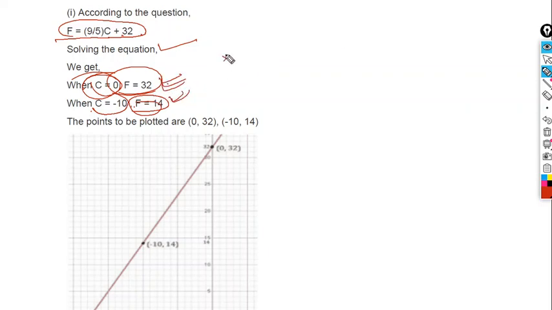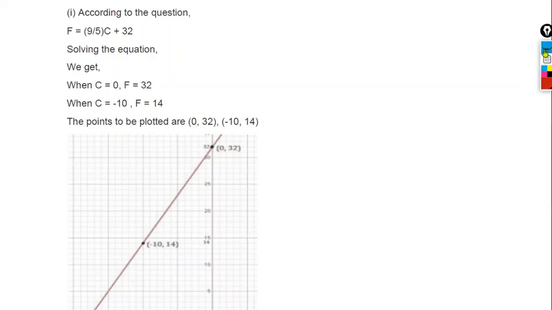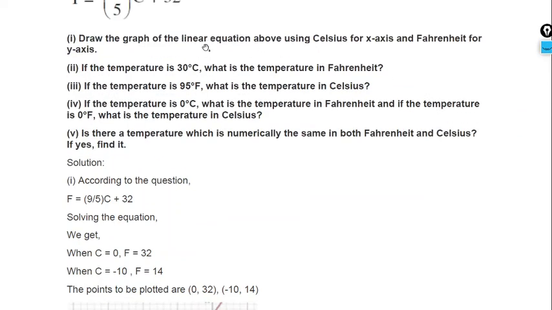Otherwise, you can use the values that we have already found in question number II, III, IV, etc. So here if C equal to 0, F equal to 32, so we have to plot these 2 points, 0, 32 and minus 10, 14, in this graph. In the question it is also told that we can take Celsius as x-axis, Fahrenheit for y-axis.